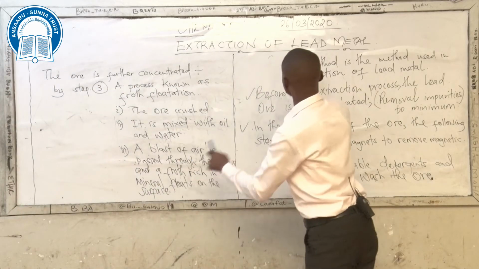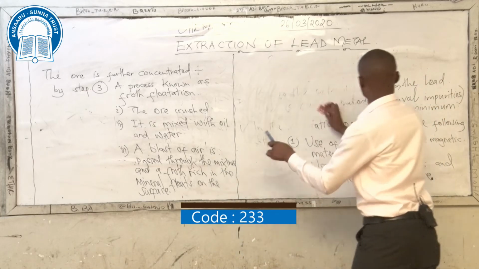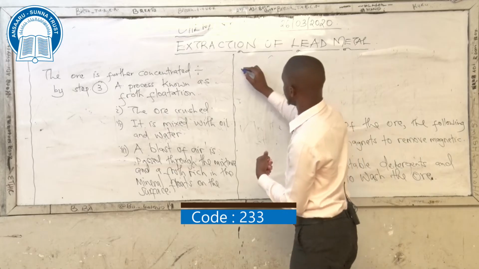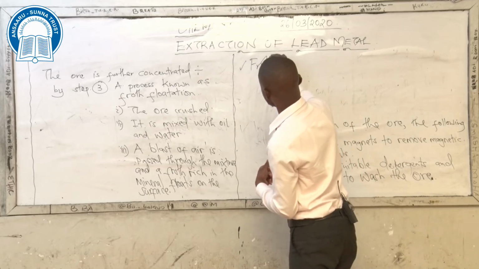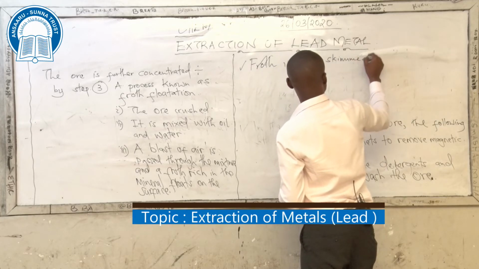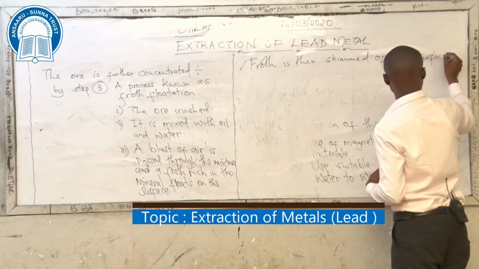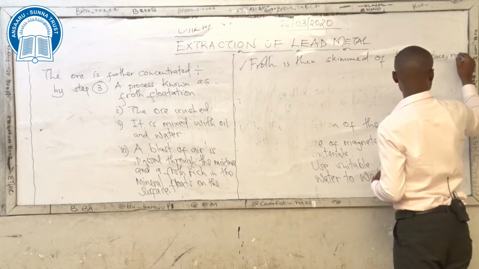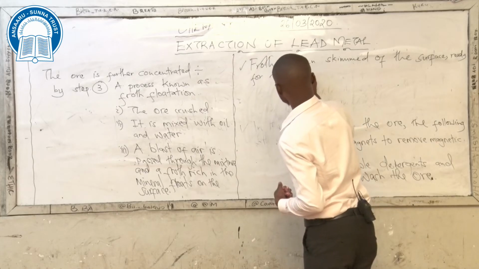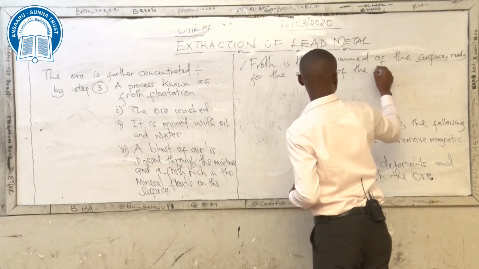The froth is then skimmed off from the surface, ready for the extraction of the metal.